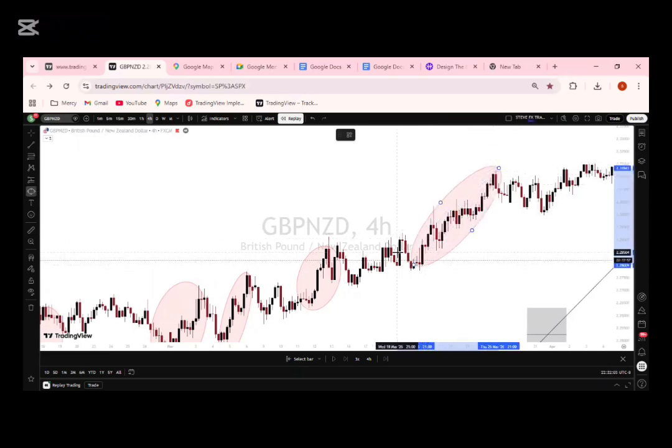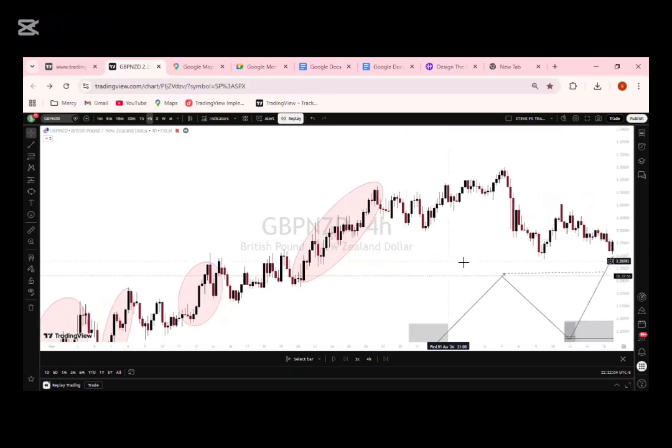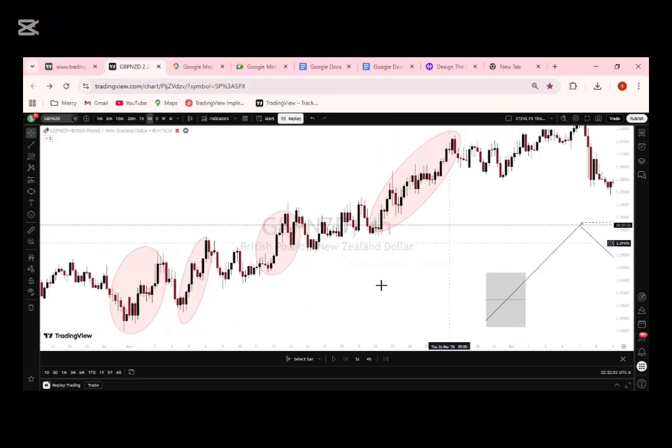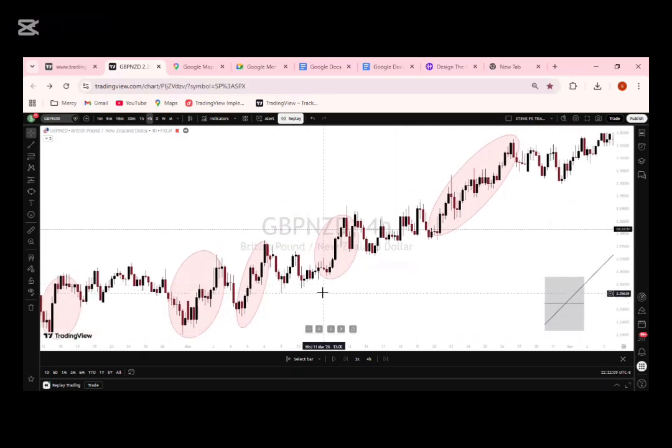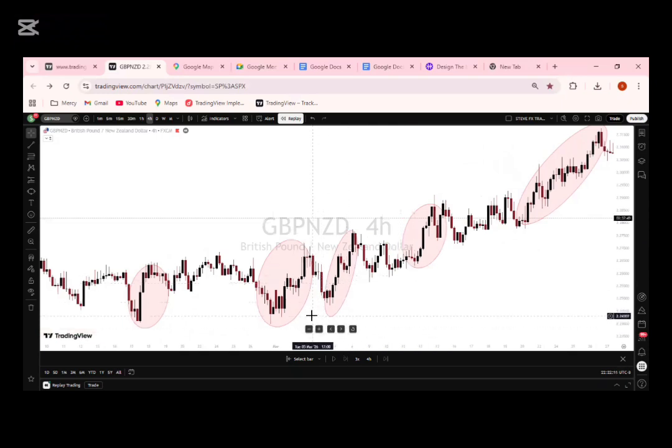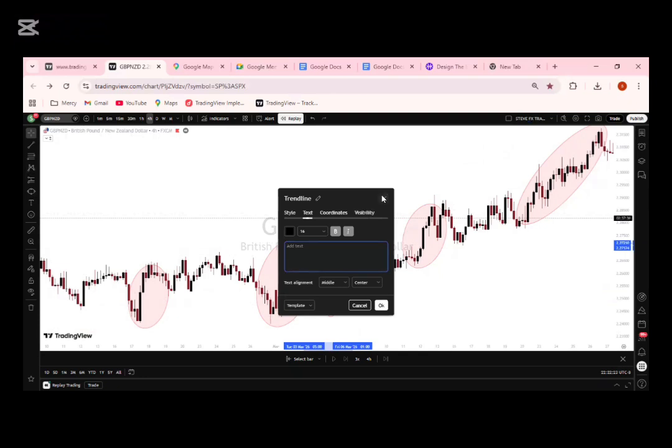We also have an expansion as well, and then it's continuous. Now we've indicated our expansion moves. The next thing that we are going to be doing is spotting our break of structure. We have a break of structure.